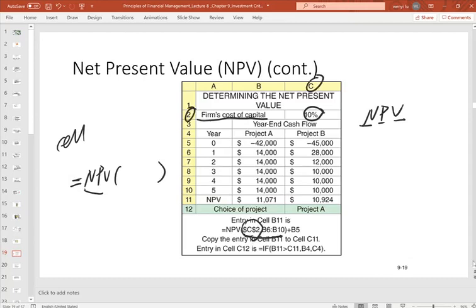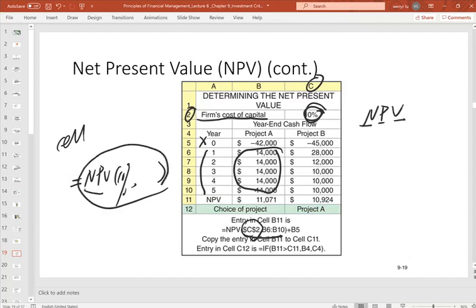So C2 is this cell, 10%. Then you choose the cash flows. Be careful, only the cash flows starting from 1 to 5, not including the cash flow at time 0. So you choose this part, B6 to B10. After you finish the NPV calculation from 1 to 5, you subtract the initial cost.